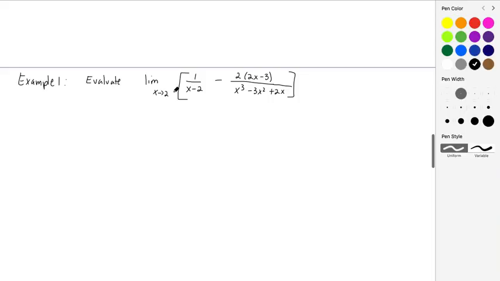For example, if we put 2 into this function, it's going to give you 1 over 0, which is undefined. So we need to figure out a way to simplify this combination of functions so that we can take the limit as x approaches 2.